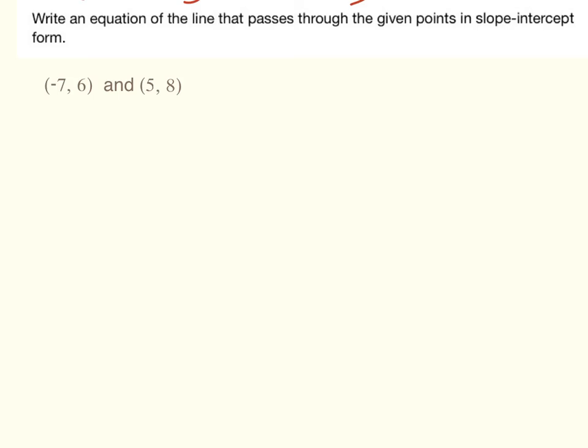So that's what we're going to find first. The first thing that we're going to do is find m. And I know that slope is the same thing as y2 minus y1 over x2 minus x1.